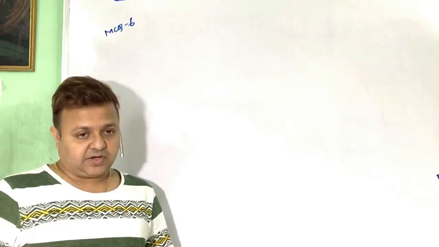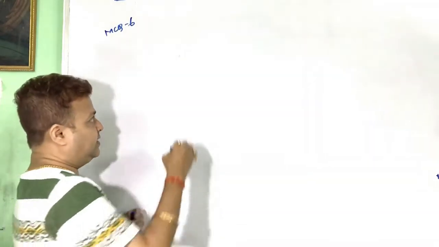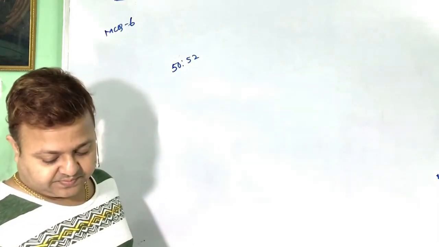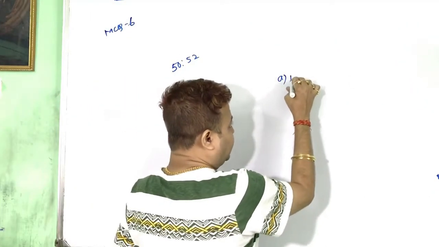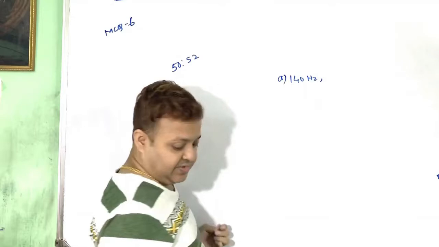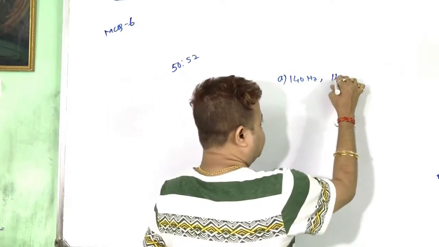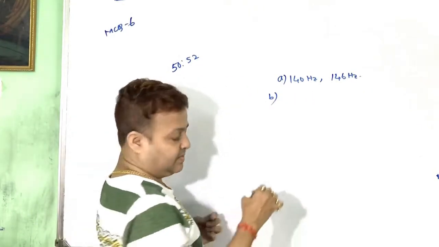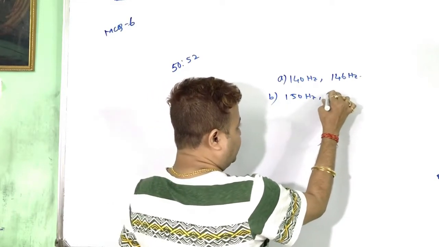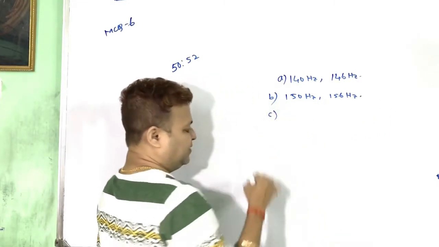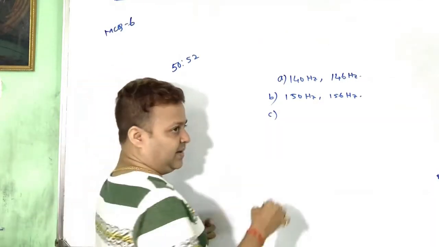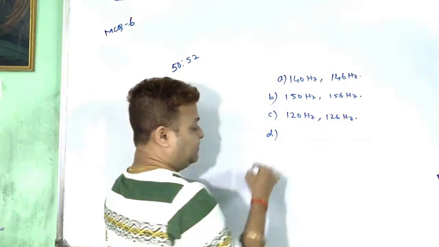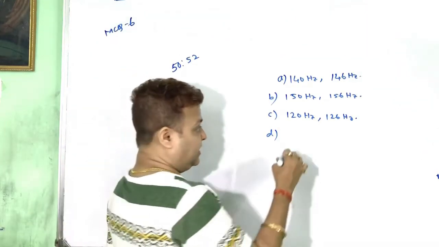If their lengths are in the ratio of 50:52, the fundamental frequencies are: A 140, 146 Hz, B 150 Hz, 156 Hz, C 120, 126, and D 136, 138.